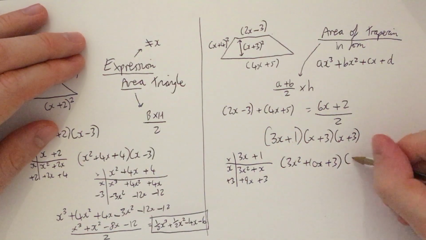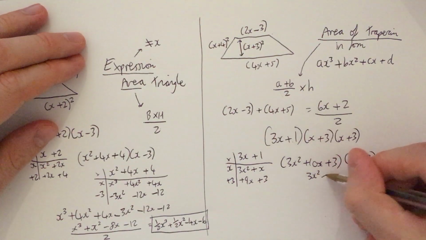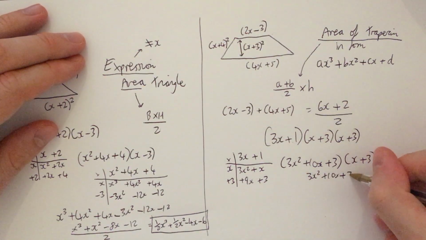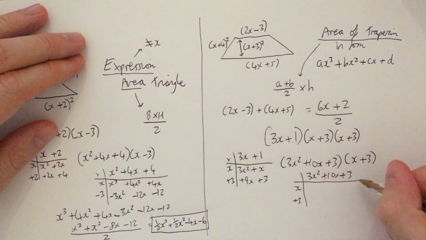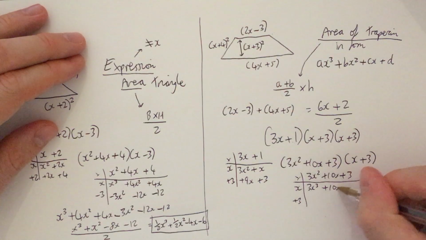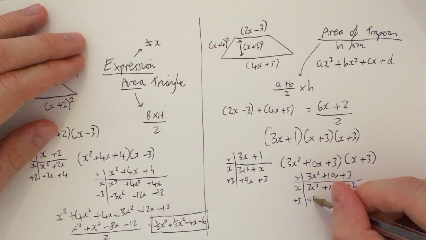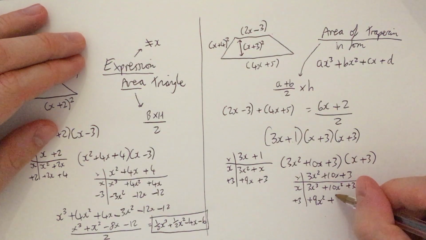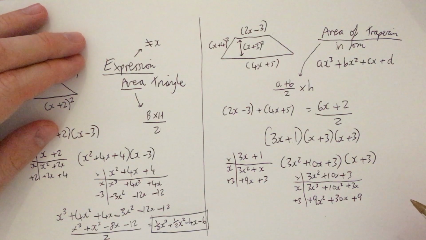Going to bring down the second bracket, x plus 3. So 3x squared plus 10x plus 3, times x plus 3. Going to multiply them. So 3x cubed plus 10x squared plus 3x plus 9x squared plus 30x plus 9. Okay, hopefully I've got enough room.